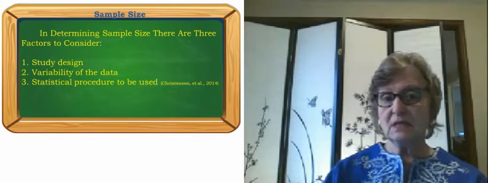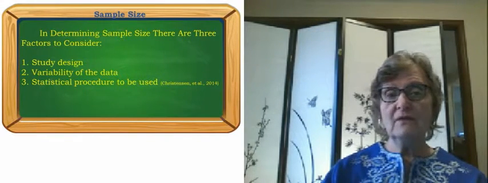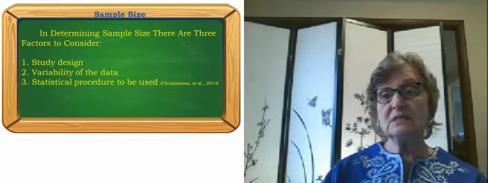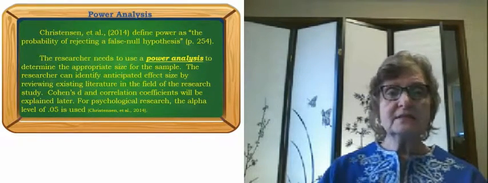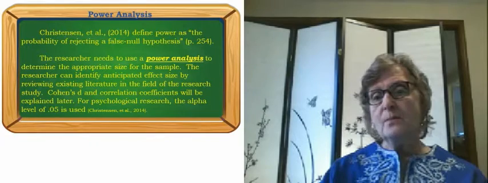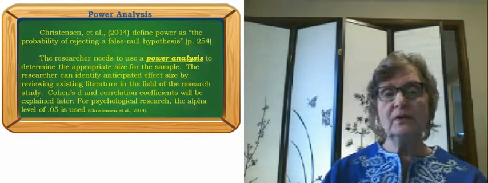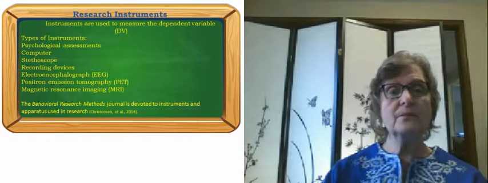It's the study design, the variability of the data, and the statistical procedure to follow. Power analysis. So basically, power is defined as the probability of rejecting a false null hypothesis. We will be studying power analysis next week, so I'm not going to go into that any further.